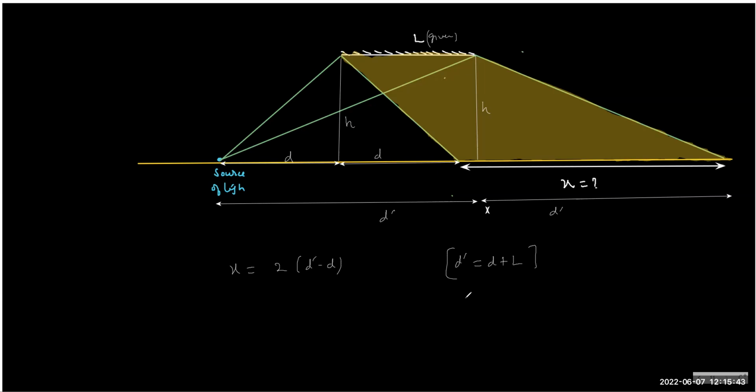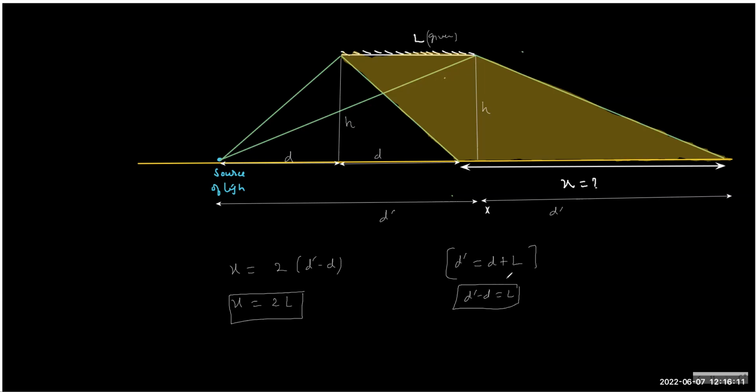So D dash minus D itself is L, and that's why the answer is simply L. Basic geometry, nothing more. I hope you can realize the D dash and D relation. If you add L to D, you'll get D dash. Do you realize this? Yes.